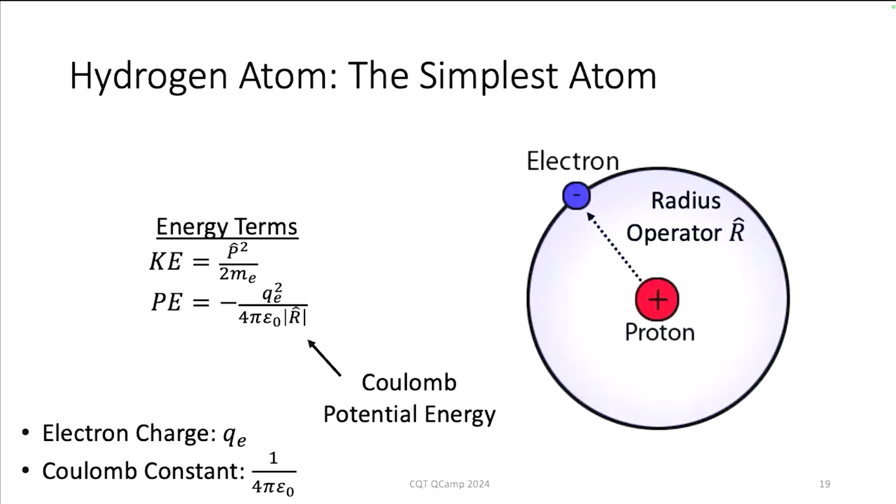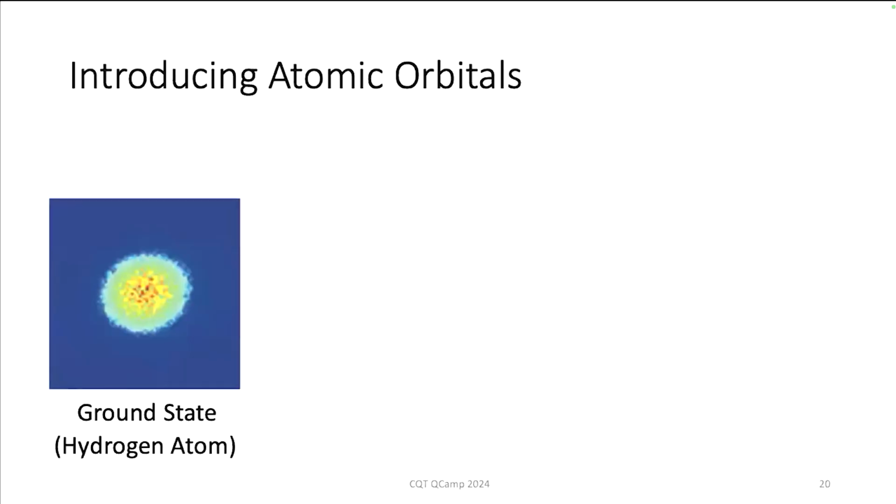Okay, so I'm going to introduce you to the wave function, which is called the atomic orbitals. In the ground state of the hydrogen atom, meaning the hydrogen atom at 0 Kelvin, the lowest energy possible, the wave function looks like this. This is the probability density. Of course, we cannot observe the wave function directly, so you just have to settle for the probability.